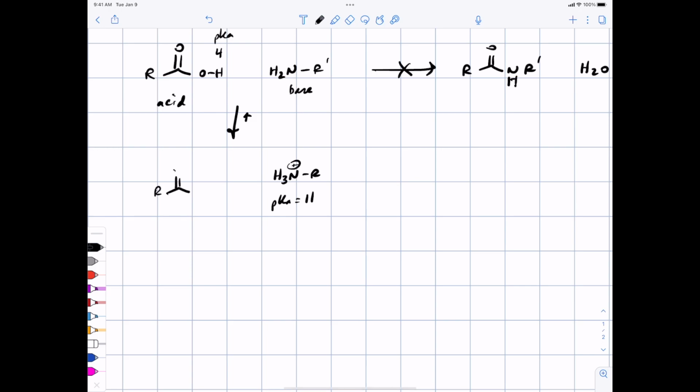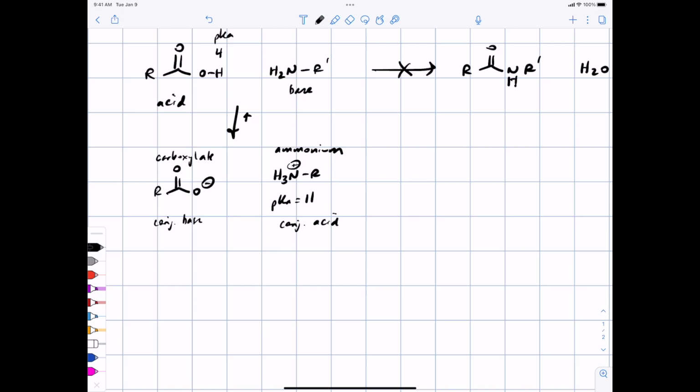But the point is that before you even get to attack the carbonyl carbon, you just do acid-base chemistry to generate the carboxylate conjugate base and the ammonium conjugate acid. And congratulations, you made an ammonium salt. Whoop-de-doo. It's not an amide bond.